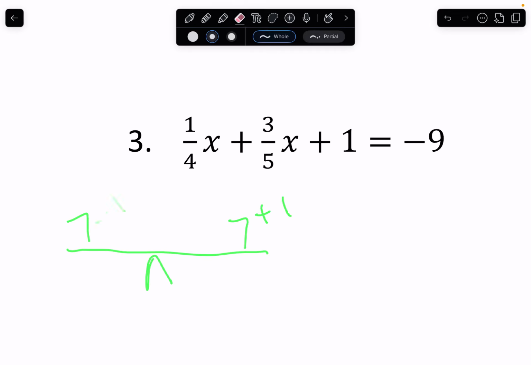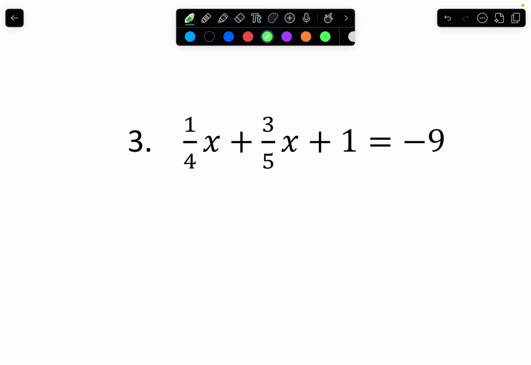Same works for multiplication and division. If I multiply this side by 2 and I multiply this side by 2, I'm good. Or if I divide this side by 7, and divide this side by 7, that's fine. I'm still balanced, right? So we're going to use this principle to get rid of yucky numbers on the bottom.